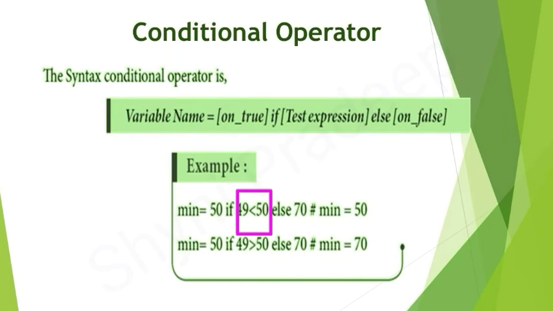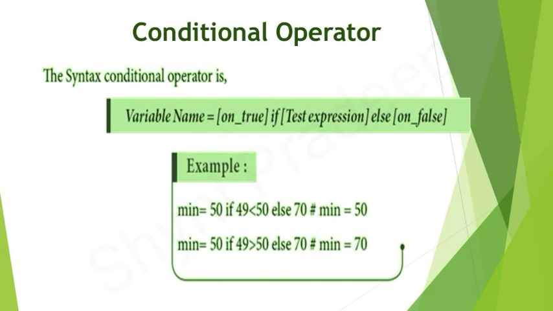Check this condition: 49 is less than 50. Is this true or false? This is true. So what is the value for the min variable, 50 or 70? This condition is true, so you take the true value, that is 50. So min value is now 50. This is the answer.